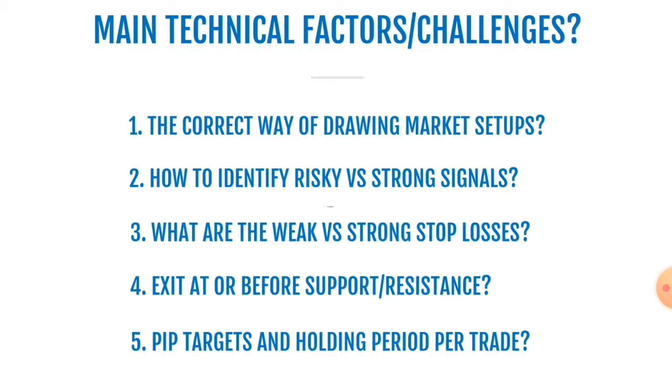And if we're targeting too large of a pip target, then it means that we'll be holding out for too long and increase the chance of the market reversing and taking out our trade. So the 50 to 70 pips is the ideal target that I believe is best in terms of being able to allow us to capture a strong trading gain, while at the same time ensuring that we do not spend too long in the market because of the possibility of a reversal that can take place.